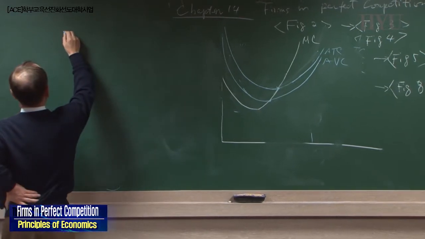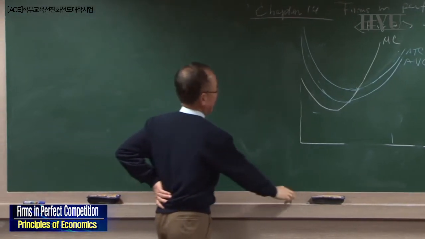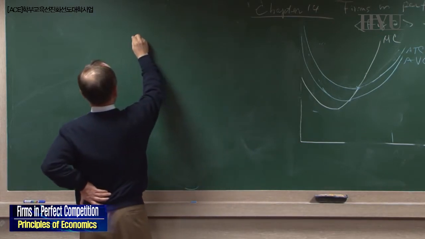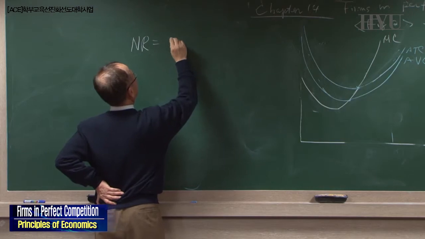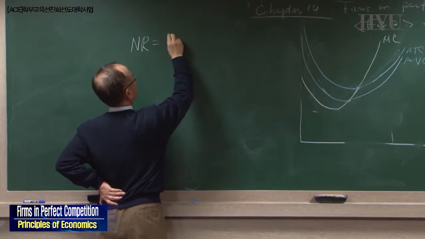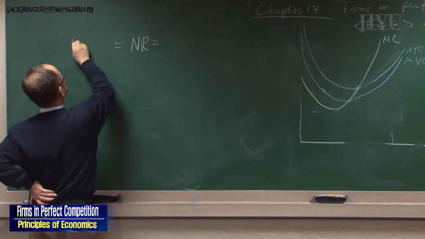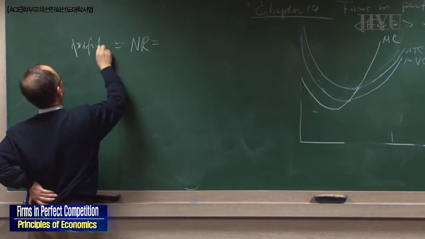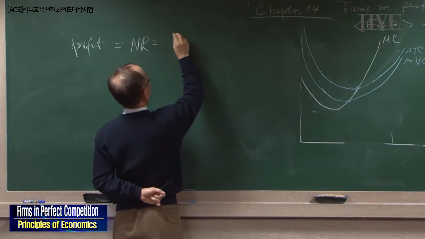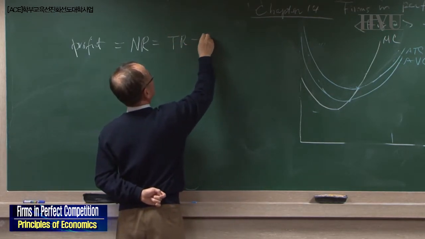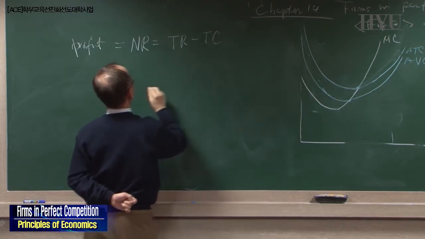One more time, our interest is in finding out net revenue, also known as profit. Profit is a different name for net revenue. Net revenue is defined by total revenue subtracted by total cost.